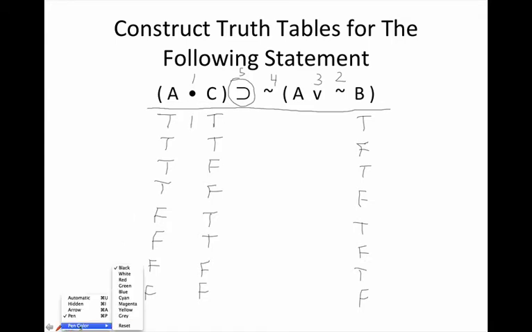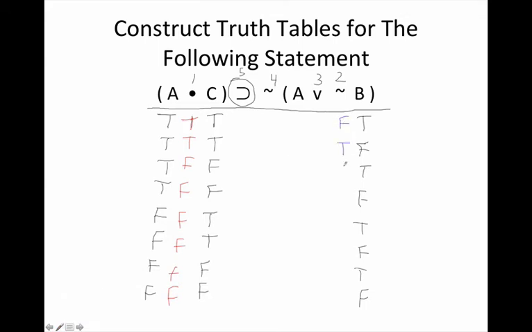Actually, let me change pen colors here. So true, true, false, false, false, false, false, false. And then I'll make the last tilde red. Okay. False, true, false, true, false, true, false, true.